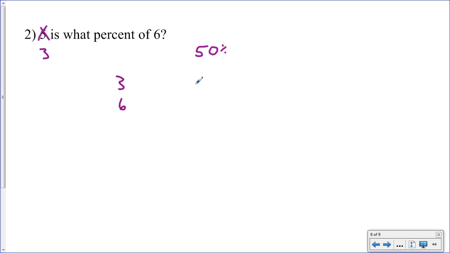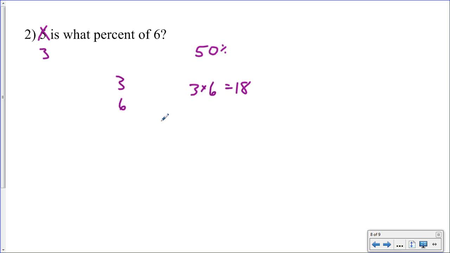Does it work if you do 3 times 6? Well, that's 18. That has nothing at all to do with 50%. The number 18, nothing at all. In addition, multiplication is commutative, so it wouldn't matter which order you multiply it in.